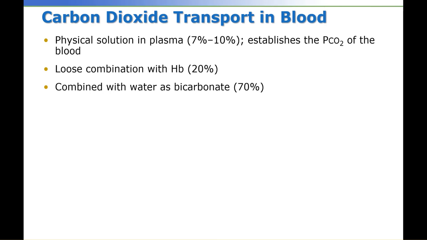Carbon dioxide transport in blood: physical solution in plasma, 7 to 10%, establishes the percent carbon dioxide of the blood. Loose combination with hemoglobin, 20%, combined with water as bicarbonate.